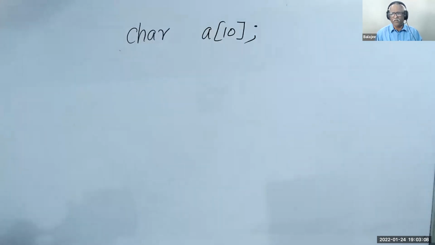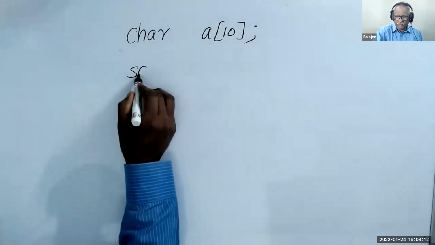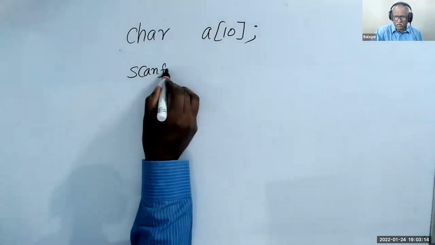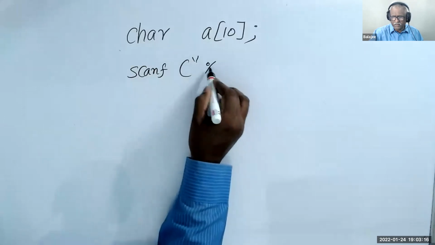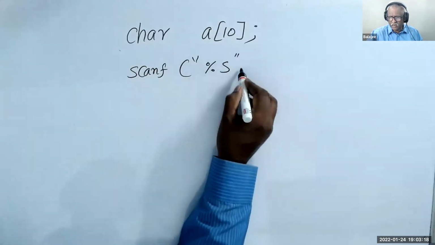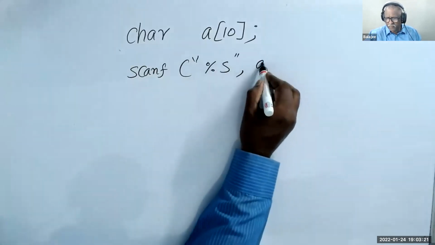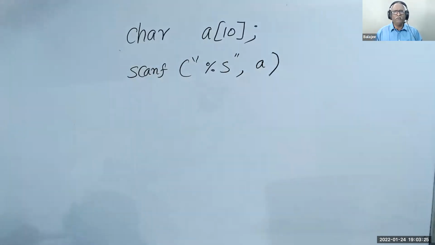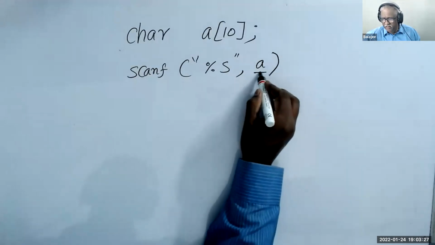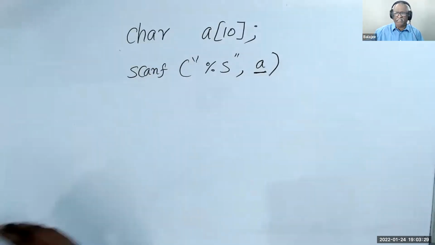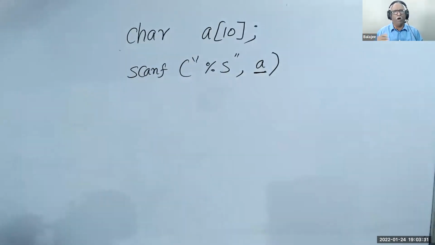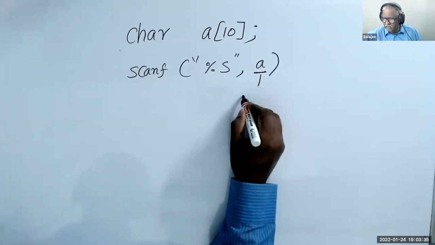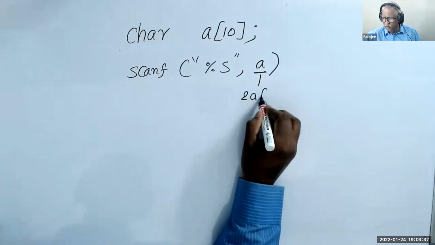Am I right? Now you do scanf %s, comma, A. I will explain later why I put only A, in the next session on pointers. Or you can use &A of 0.